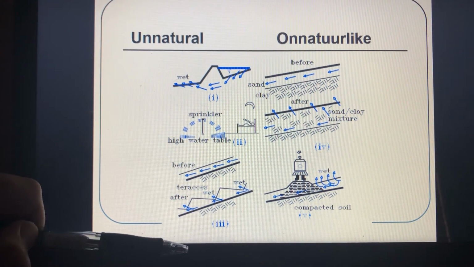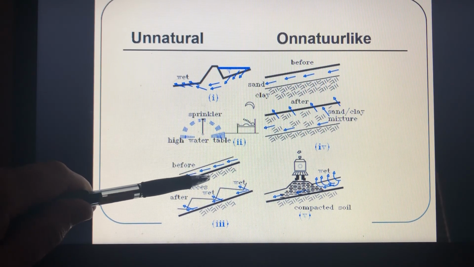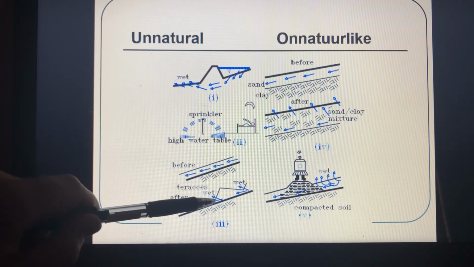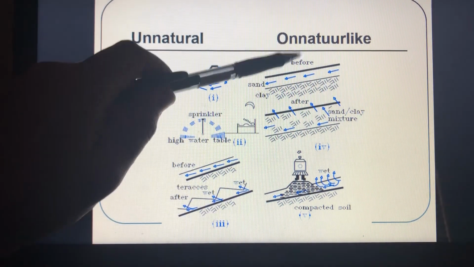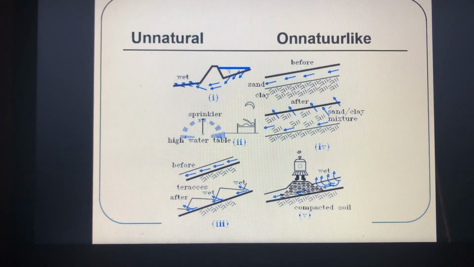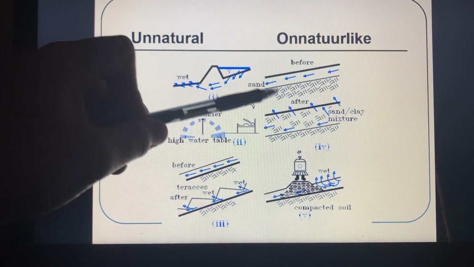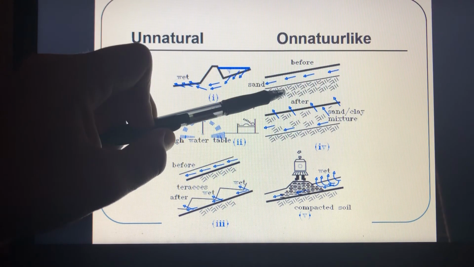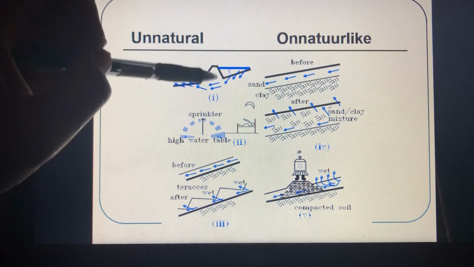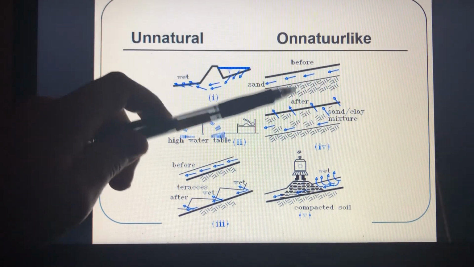Thirdly, if you have terraces, then usually you'll have accumulation on the terrace like that. And then fourthly, if you are plowing through a soil type that has a sandy top and a clay-like bottom, then you'll see that occurring.